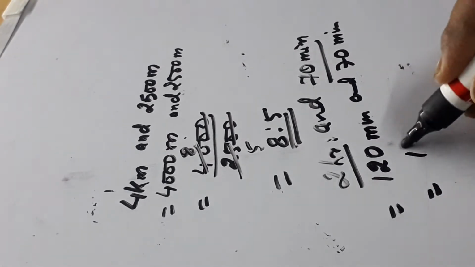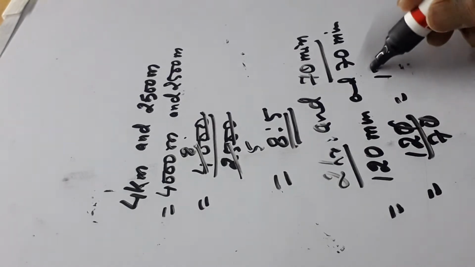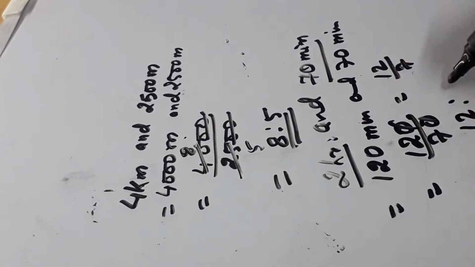Now we will find their ratio, 120 upon 70. 0 and 0 cancel. Now they are in simplest form. It will be written as 12:7. In this way, we have seen we can find the ratio between two quantities. We will see their applications in the next video.